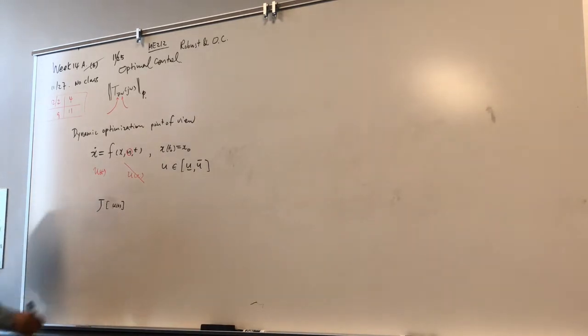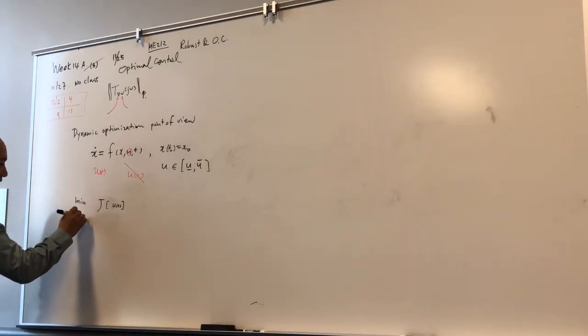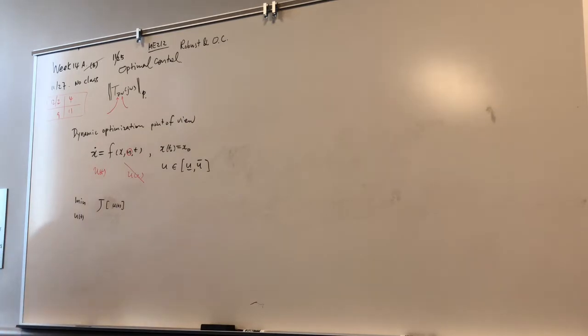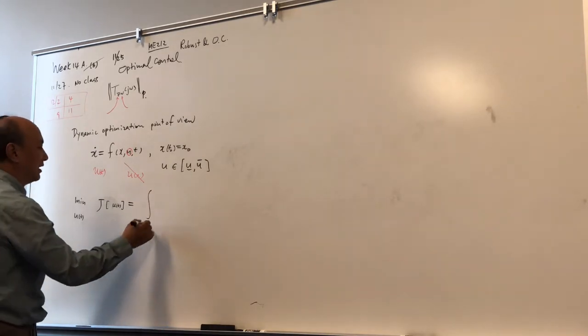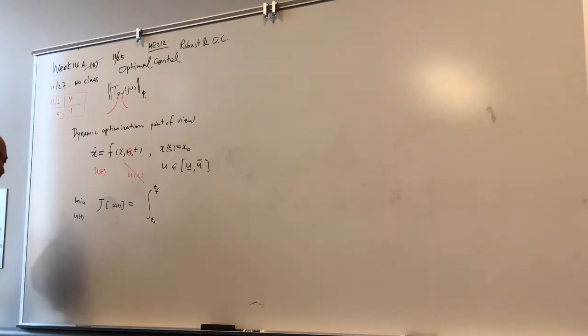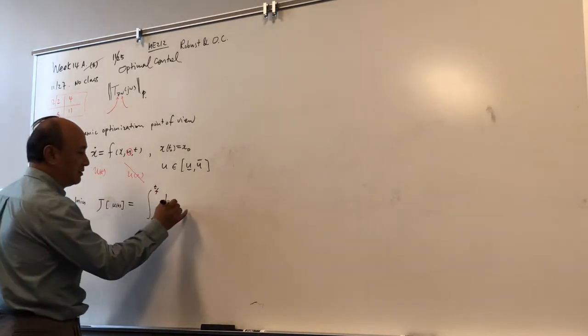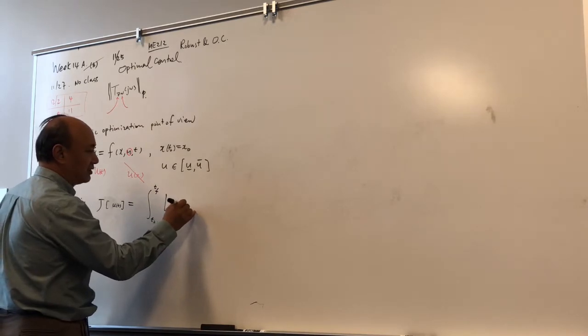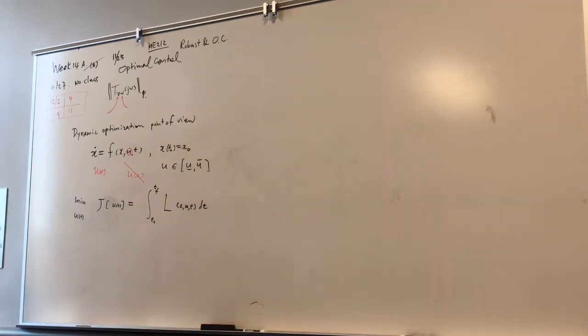I want to minimize this J, usually over the interval t0 to tf, the final time. And usually you put a performance index L(x, u, t) dt. That's my cost.